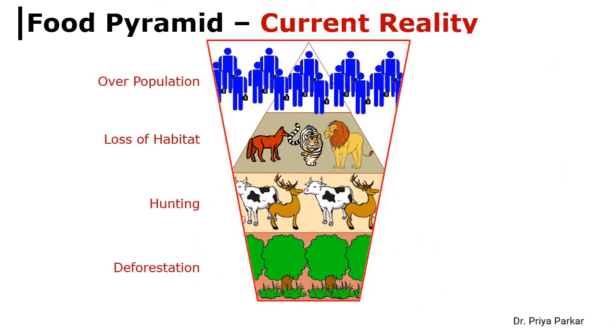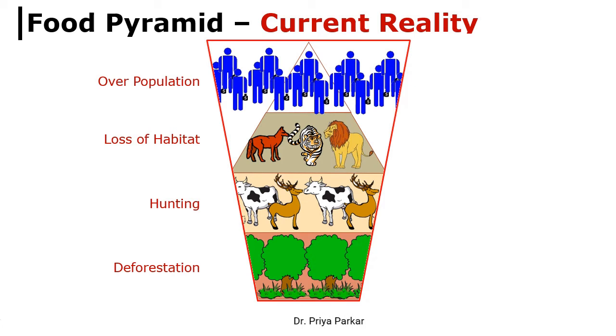Today, we see inverse ecological pyramids, where the trees are cut due to massive deforestation to bring the forest land under non-forest uses like agriculture, dams, roads, etc. The herbivorous animals are hunted. The carnivorous animals disappear due to the loss of habitat.